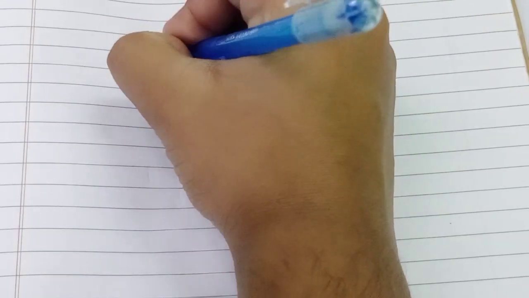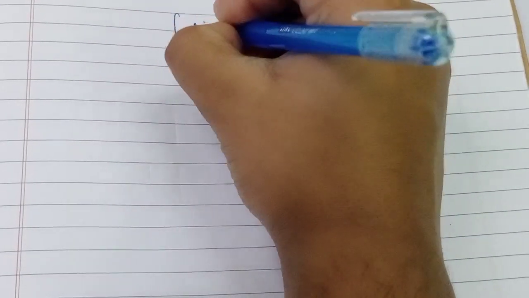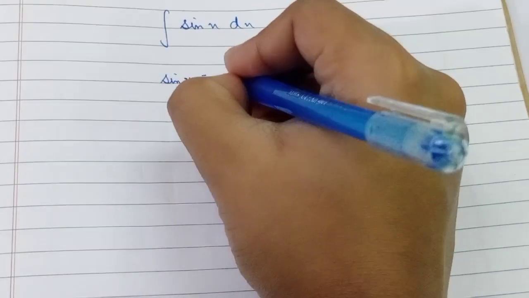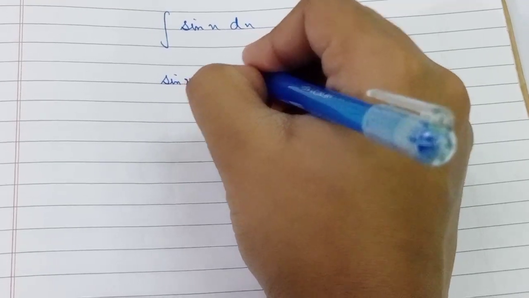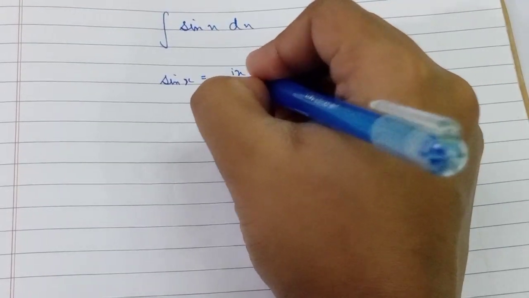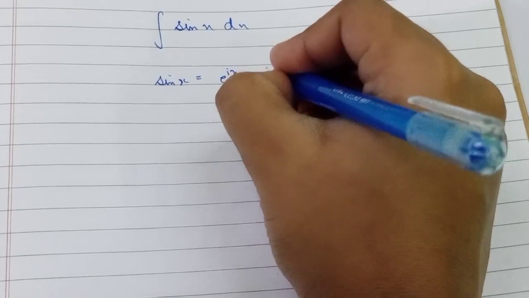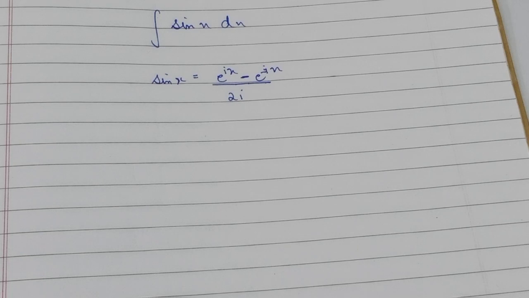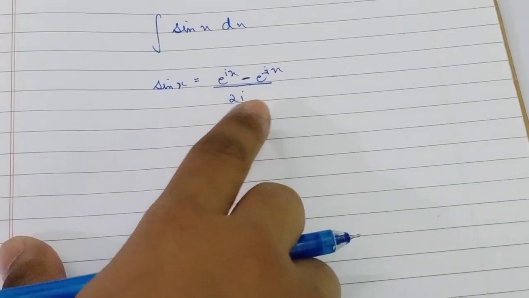Okay guys, so first we are going to integrate sine x, so integral of sine x dx. So sin x in terms of e to the x: sin x is equal to e to the ix minus e to the negative ix all over 2i.